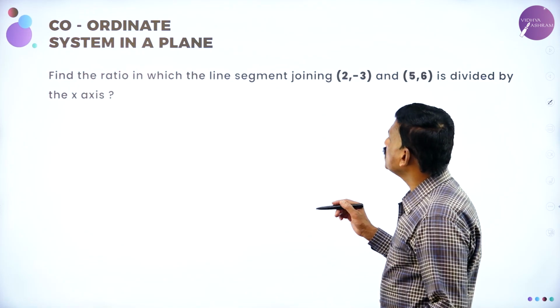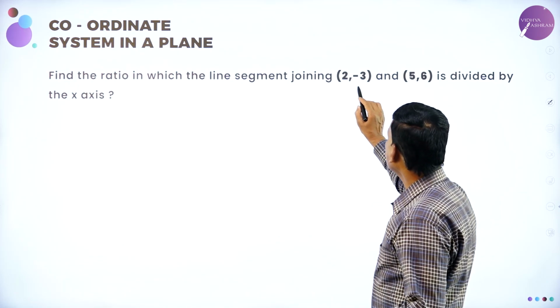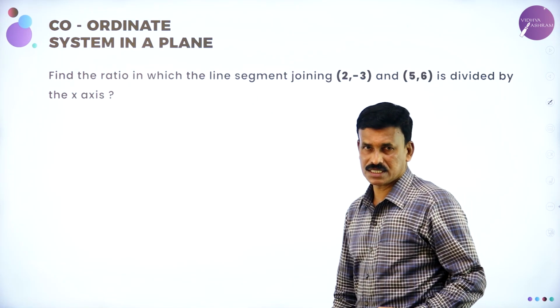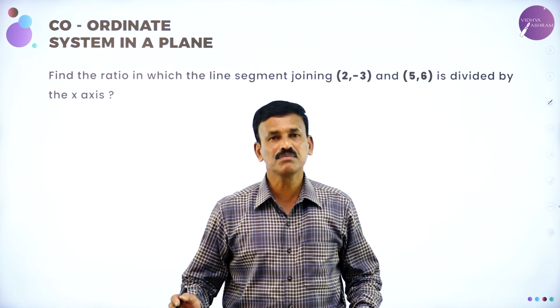Find the ratio in which the line segment joining (2, -3) and (5, 6) is divided by the x axis. Very simple problem.